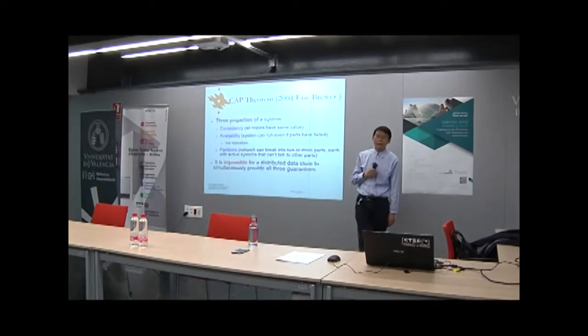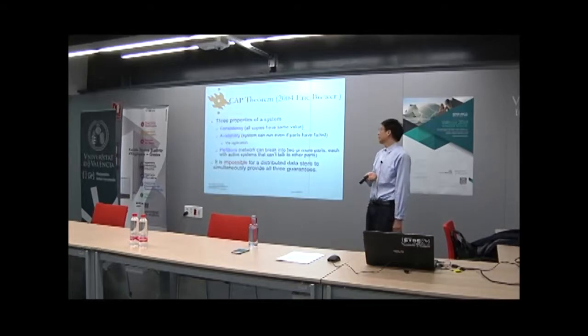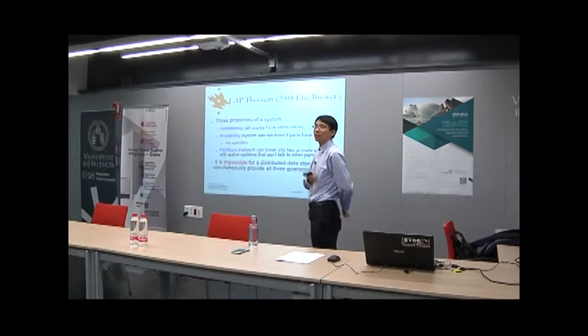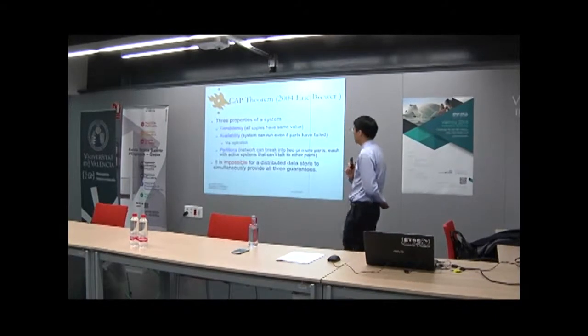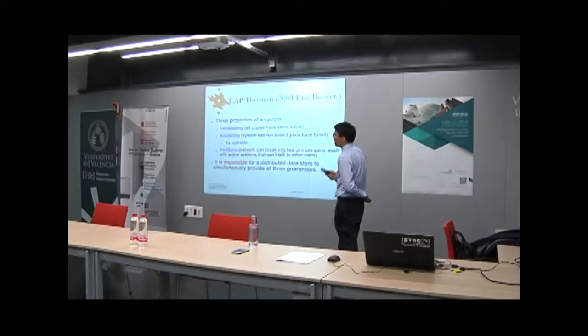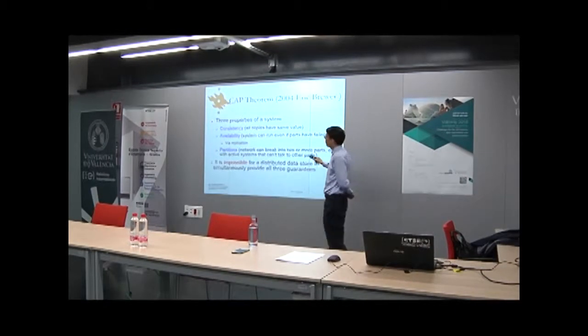The first one is consistency. But this consistency is not the same as the previous consistency in the ACID property. This consistency means that all copies have the same values. So they have different meanings.